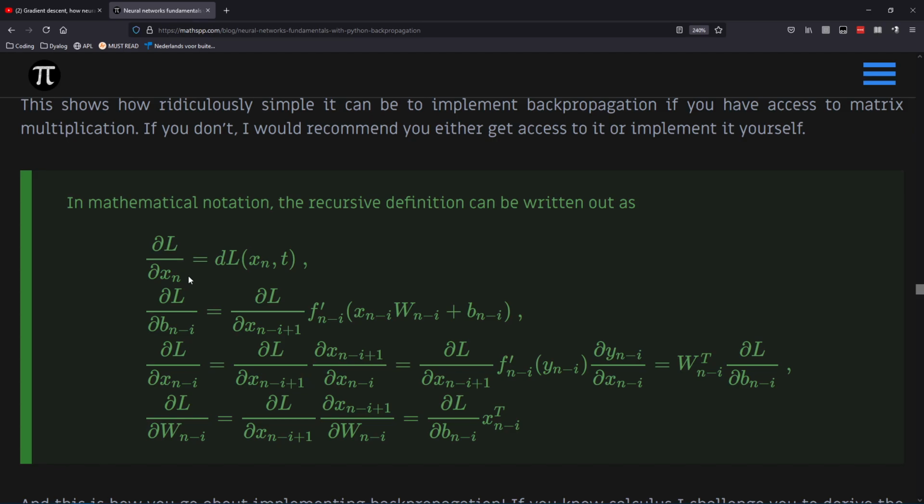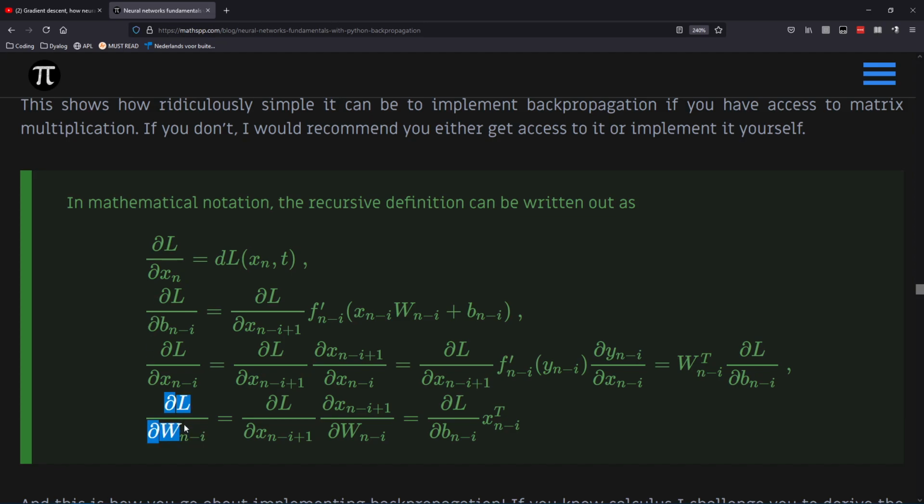When you compute all of these derivatives for the bias vectors and the weight matrices, what you want is to make small adjustments to them, and so you need to find derivatives with respect to them. You need to differentiate the loss with respect to those variables, and that's why you have dLdB and dLdW.